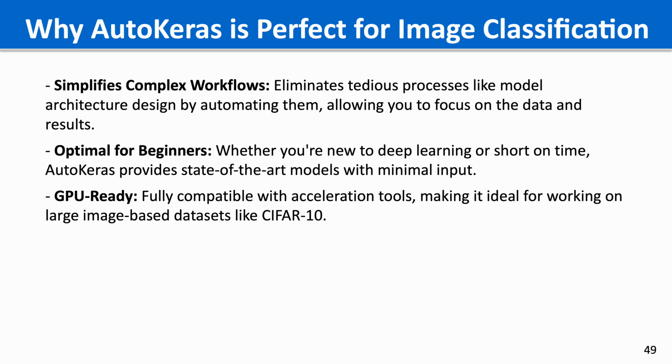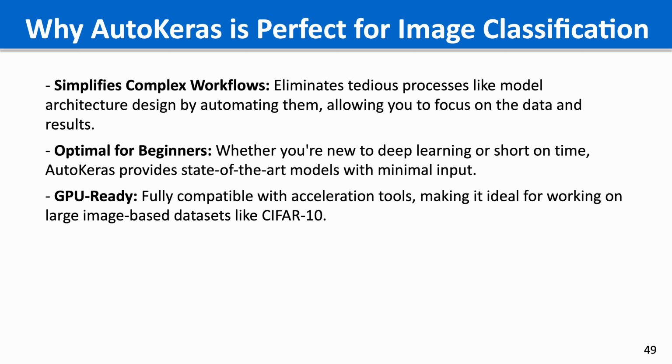So why is AutoKeras my default choice for image projects? Because it removes guesswork from architecture design. Instead of debating whether you need 3 convolution blocks or 5, you let the search algorithm figure it out.